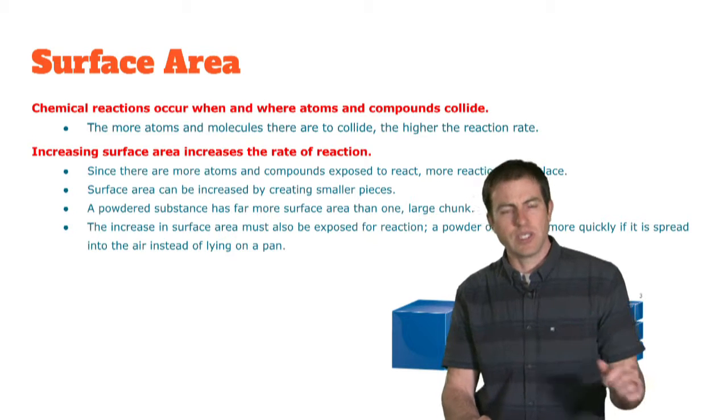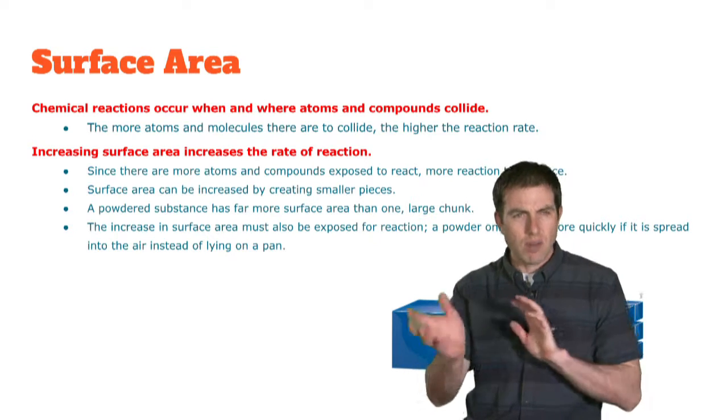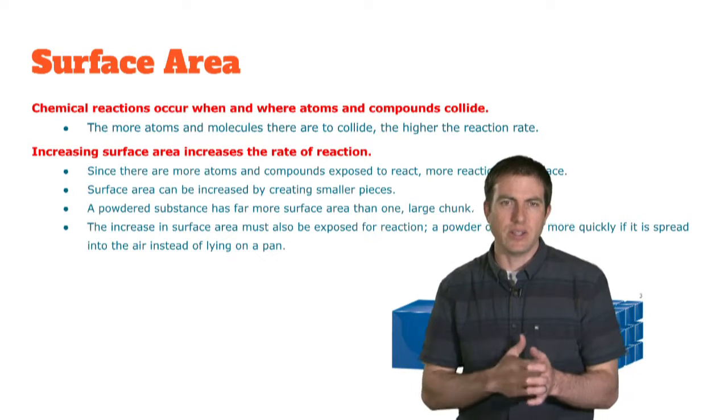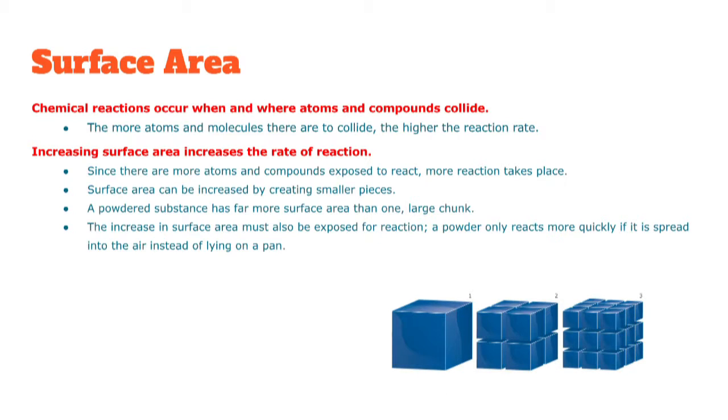The second last one, I should say, is surface area. And this one's a lot more difficult to wrap your head around. But once you get it, it is perhaps a little bit easier to understand. If you think of something in terms of its surface area, we have to be talking about a solid, generally speaking. If I look at the blocks down at the bottom here, I have block 1, 2, and 3.